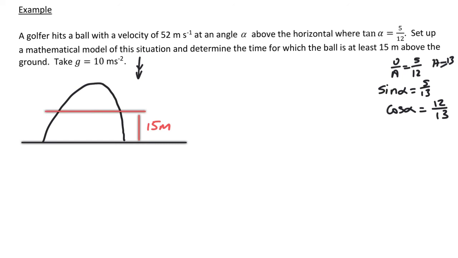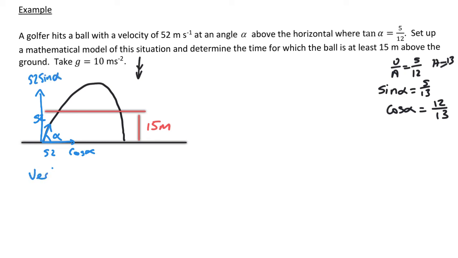Okay. So the other things then we should add on, we know that the velocity is 52 and the angle is alpha to the horizontal. It's going to be 52 cos alpha, and to the vertical it's 52 sin alpha.